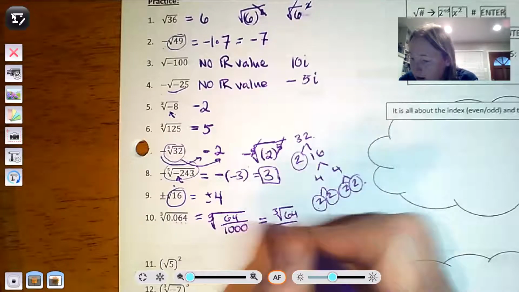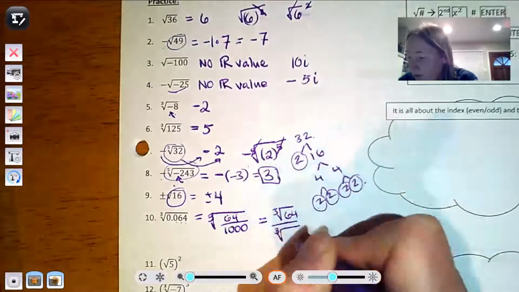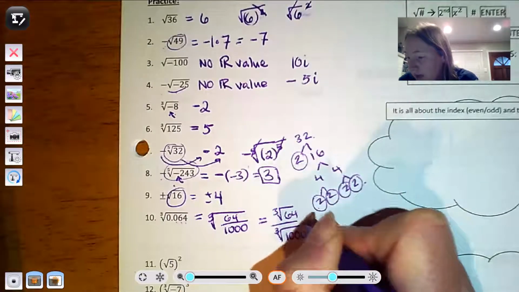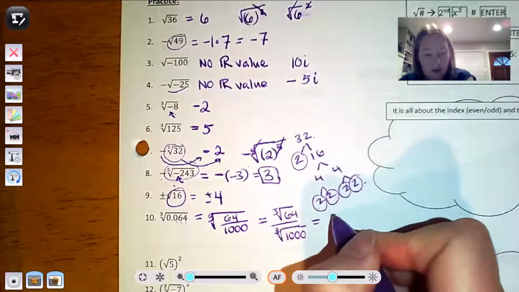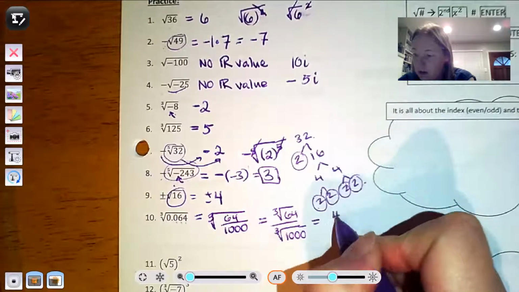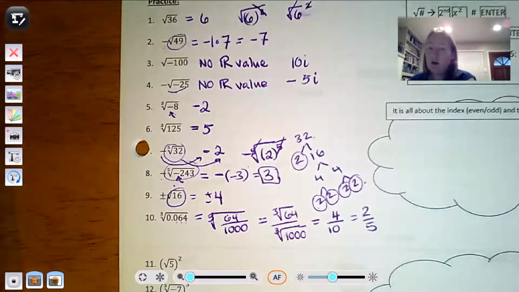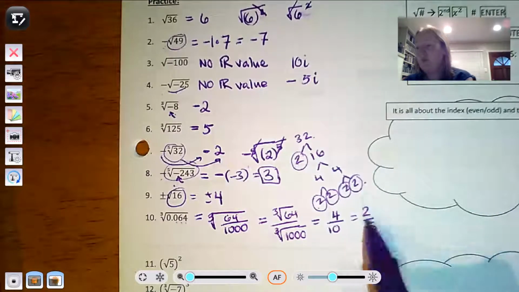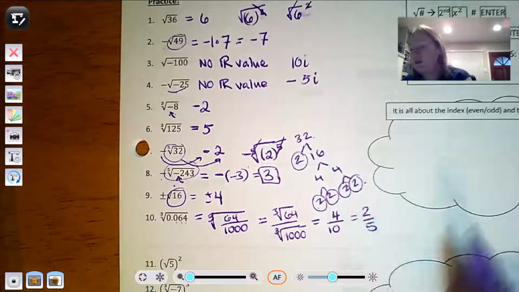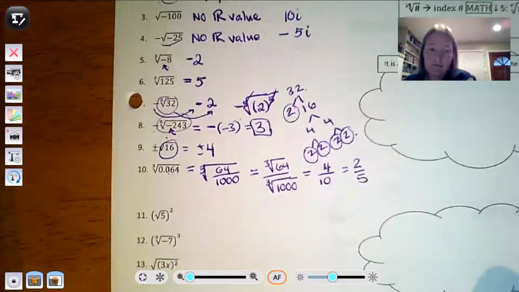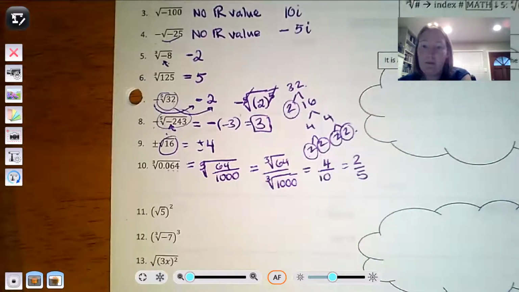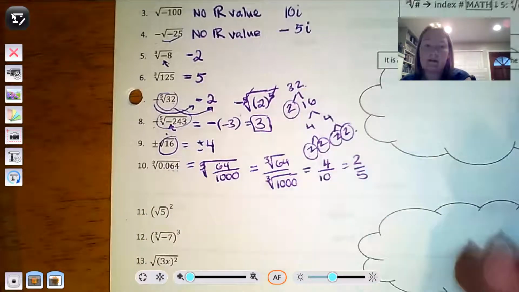Notice I'm putting in the index so that it remains an equivalent expression. And then I can do the numerator and denominator. So 4 and then 10, and I can reduce that. If you did it in your calculator, you'd end up with 0.4, which is 4/10 or 2/5. And it wouldn't be rounding because that terminated.